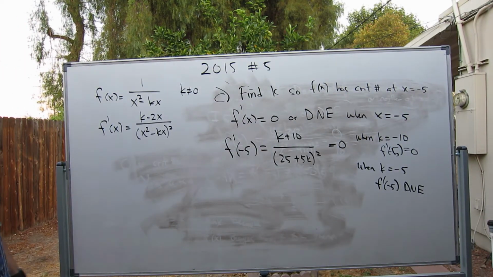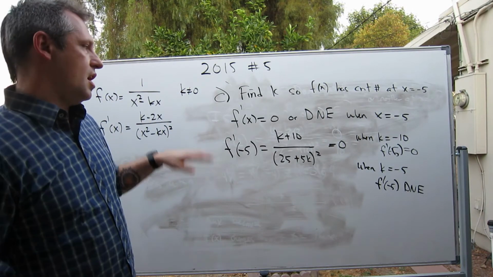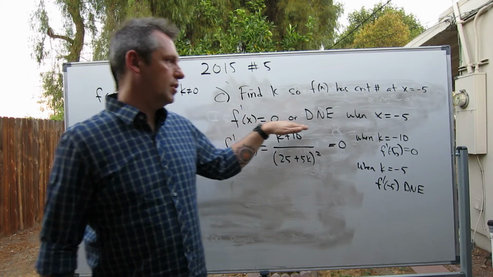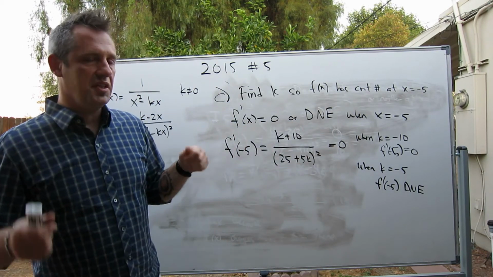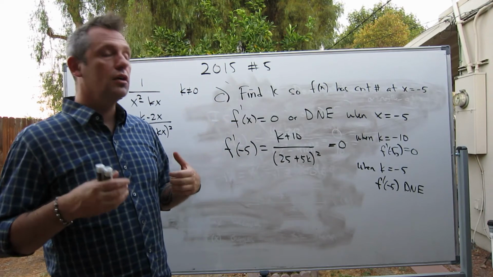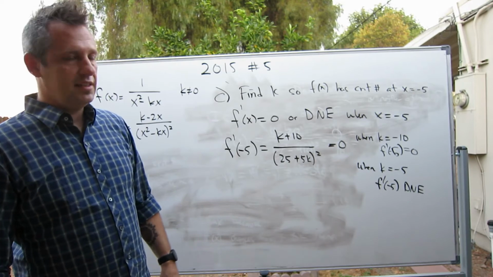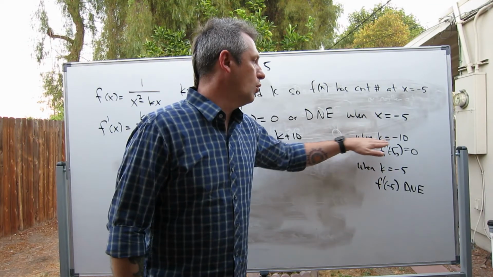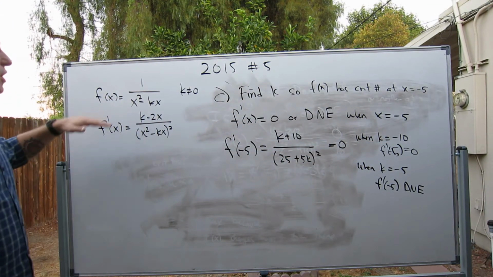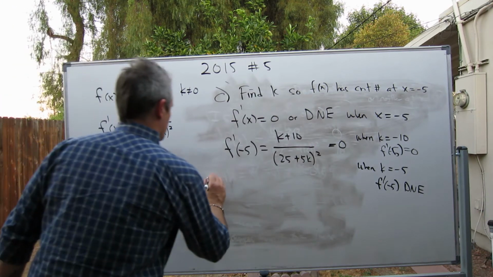Now, let us be clear though, there are actually some issues here. A critical number is not just a place where the derivative equals 0 or does not exist. A critical number is a point in the domain of the function where the first derivative equals 0 or does not exist. So let's see, if we were to have k equal -10, and we go back to the original equation, let's look at the original equation when k equals -10.